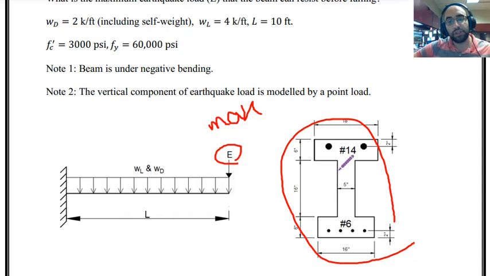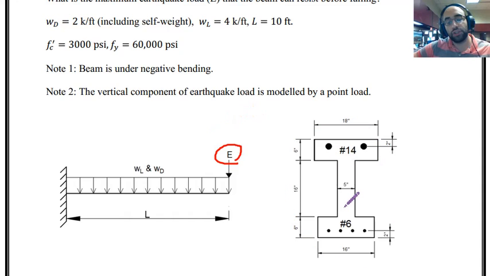As you can see, the cross-section is shown over here. We have an I section. It is common to use these sections in large girders that we have in bridge engineering, specifically for pre-stressed concrete sections.